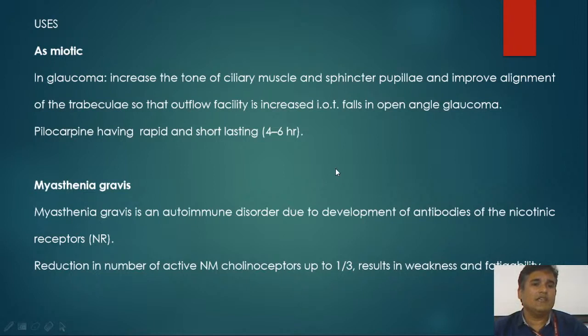Another use is in myasthenia gravis. Myasthenia gravis is an autoimmune disorder in which antibodies, especially against the NM receptor, get generated.